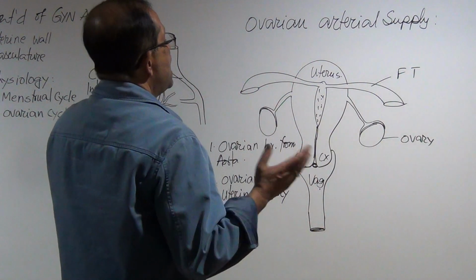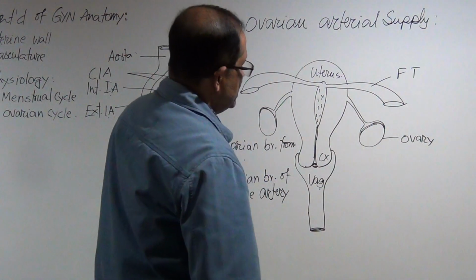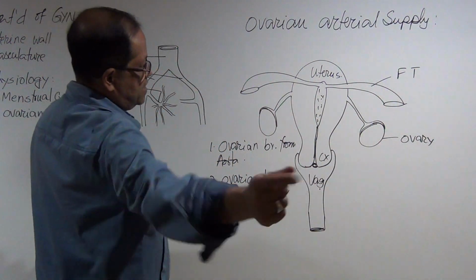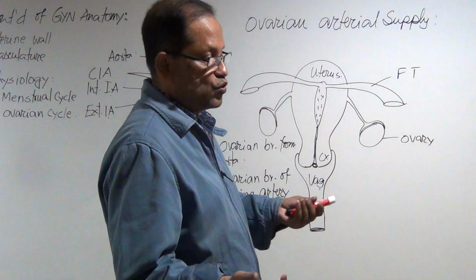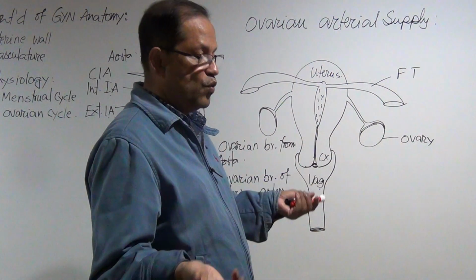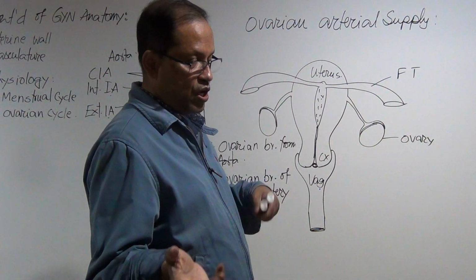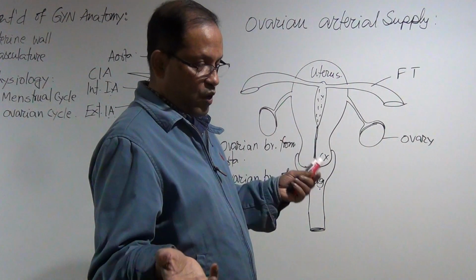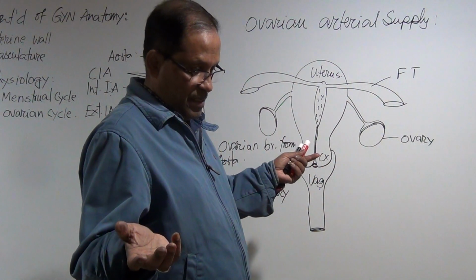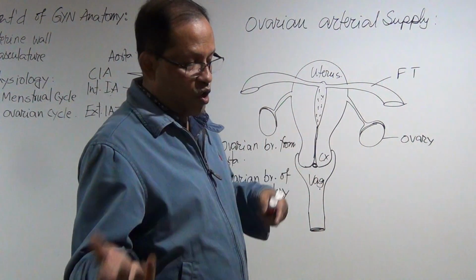Okay, so now, can we do the arterial Doppler on the ovary? Yes, we can. And it is very important to do the Doppler on the ovary to understand whether the ovary is functioning normally or not, and whether ovulation and post-ovulation are normal or not.